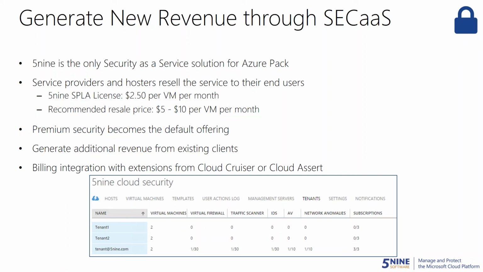In fact, we've signed up some of the largest service providers in the world, and they estimate they're going to make over $100,000 in net new revenue simply by reselling Five9 Cloud Security to their customers. So this is a great way to provide a new revenue channel while still guaranteeing better security for your own infrastructure, better security for your tenants, and allowing you to meet more compliance rules and regulations, making you more competitive.